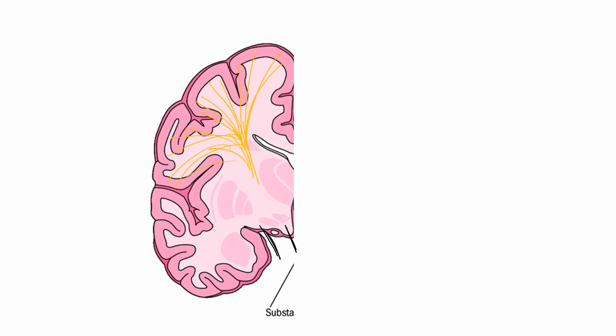Your internal capsule, and it goes straight into your internal capsule, eventually goes straight to your midbrain, to your pons, to your medulla, and to your spinal cord. So basically, it all goes down there.